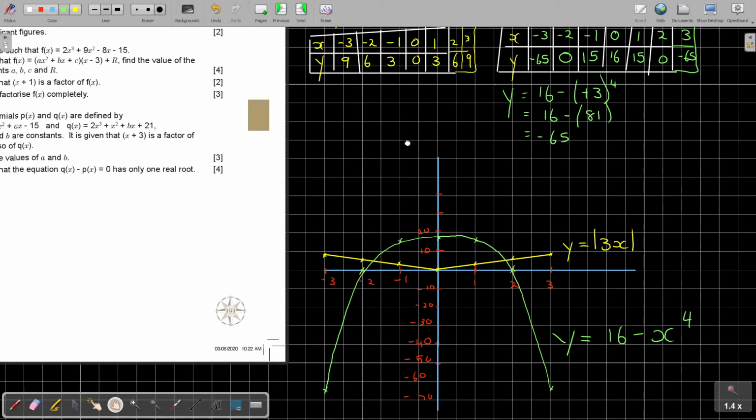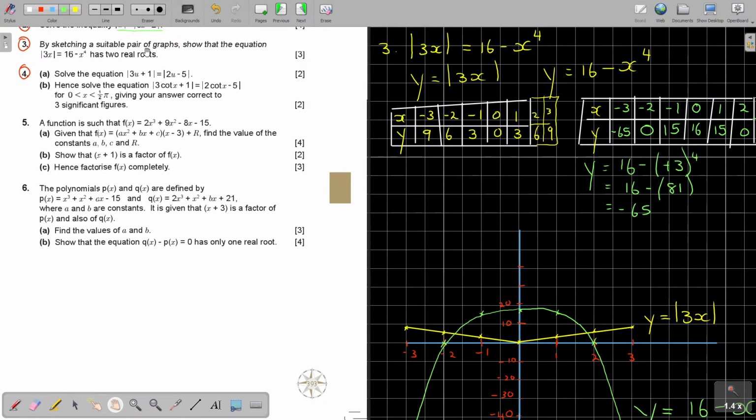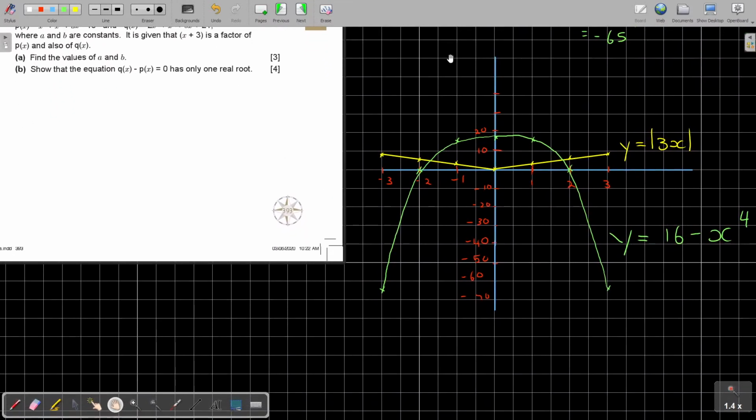And now what was the question? The question was not just to sketch. The question was, by sketching, show that the equation has 2 real roots. Okay, so you're going to say, therefore, 2 points. Do you see the 2 points of intersection?